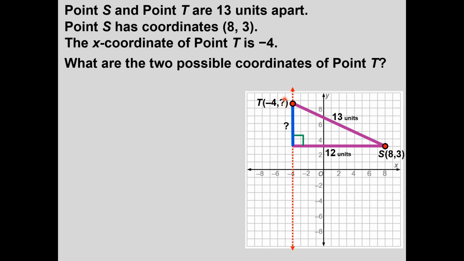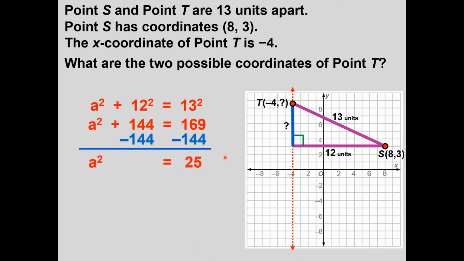So let's do the Pythagorean theorem here. a squared plus 12 squared equals 13 squared. Square the numbers. Now I'm going to subtract 144 from both sides. a squared equals 25. Square root both sides. The square root of a squared is just a. The square root of 25 is 5.